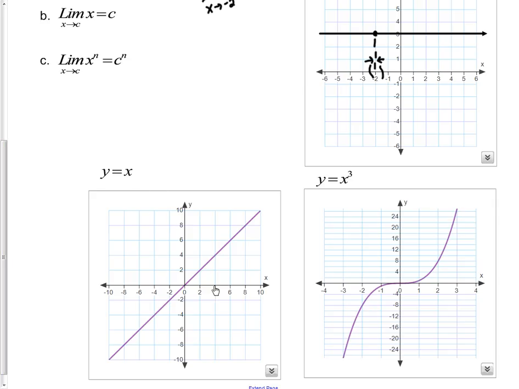On the function y equals x, let's let x approach 4. So here's 4. And what would we say?